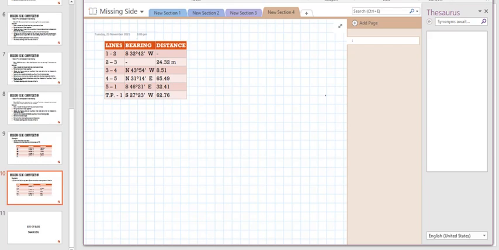Since that is unknown, we will start with line 3 to 4 instead: north 43.54 northwest. So let's say this is line 3, northwest 43.44, distance 8, so very short. That is line 4.